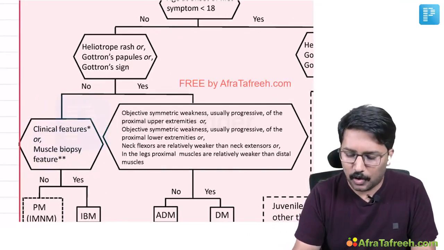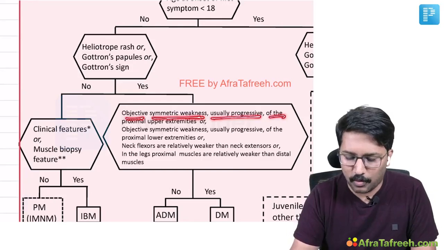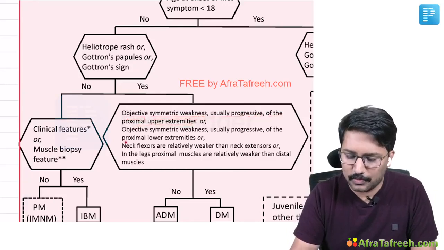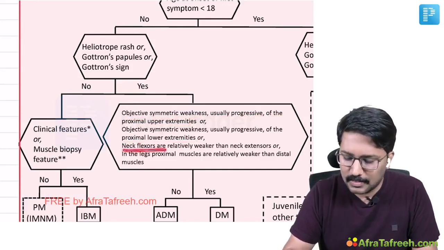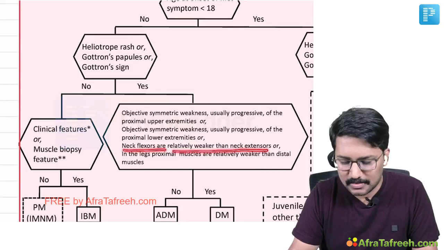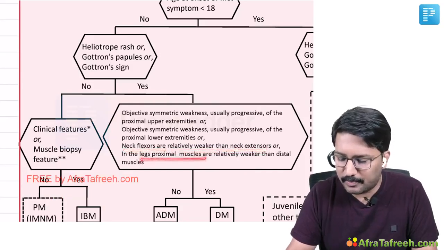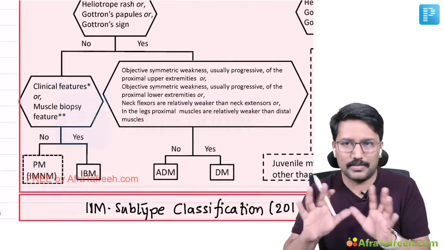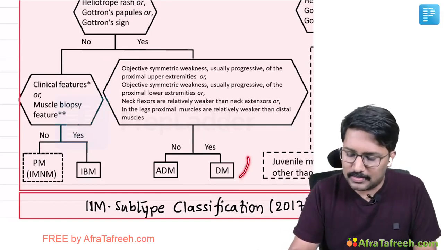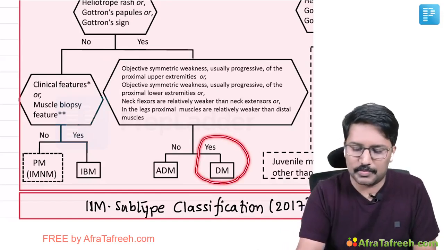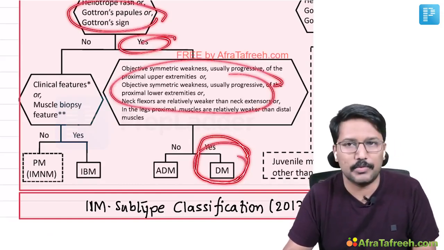So when you have objective evidence of symmetric, usually progressive weakness of the proximal upper extremity muscles or proximal lower extremity muscles, or the neck flexors are relatively weaker than the neck extensors, or the proximal leg muscles are weaker in comparison to distal muscles. In simple words, you have proximal myopathy. In that case, you would consider the diagnosis of dermatomyositis, because we had skin changes and we have muscle weakness evidence. We will call it dermatomyositis.